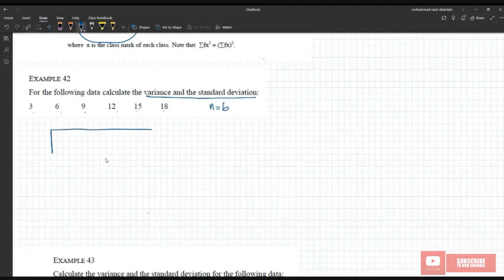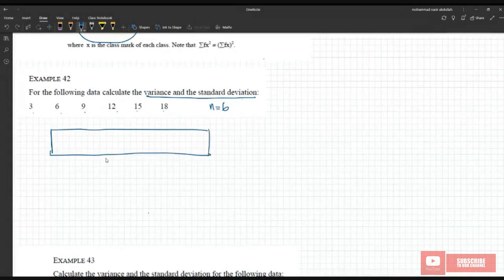Once you have ungrouped data, my advice is to tabulate the data, so you can calculate x squared. This is your x and this is your x squared. First is 3, 6, 9, 12, 15, and 18. And the last row is the total.